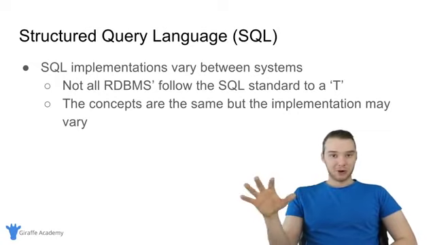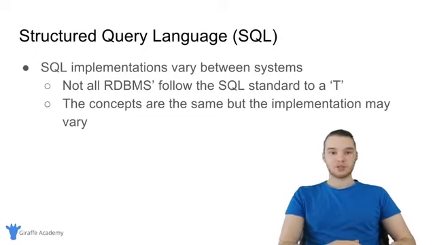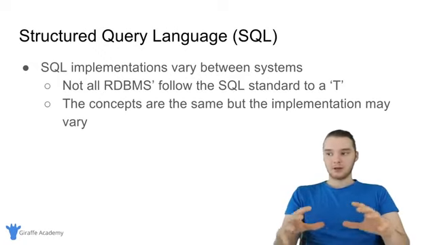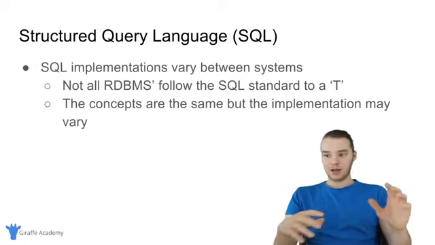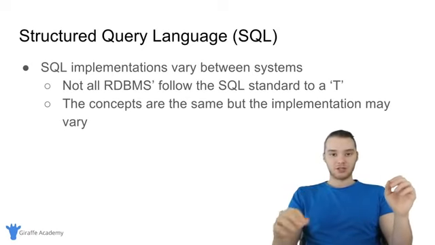So certain instructions might work on one database management system and they might not work on another, or vice versa, or you might do things just a little bit differently, but for the most part, they're all implementing SQL, which means it's all basically the same. So the concepts are the same, but the implementation may vary just a little bit.